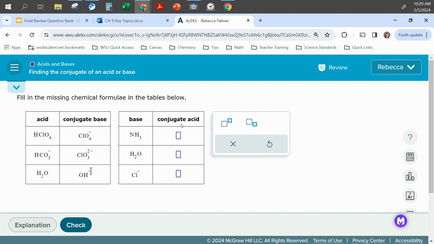To get to an acid, I have to gain a hydrogen. So this one will be NH4, and I'm gaining not just hydrogen, I'm gaining a positive charge also. NH4 plus. Okay, this one, water, when water gains a hydrogen ion, it's going to be H3O plus.